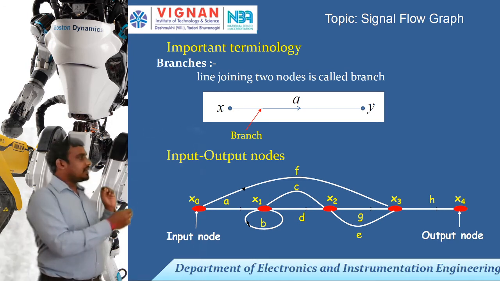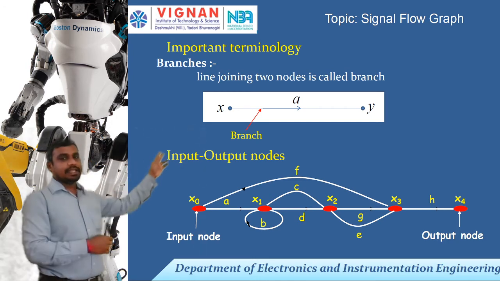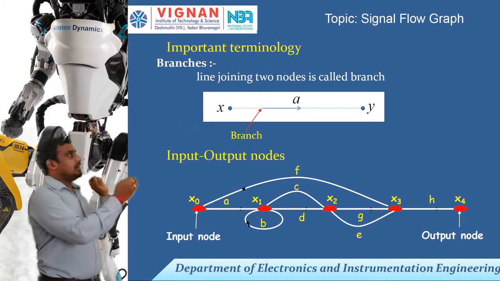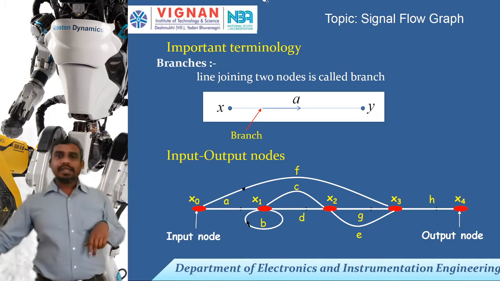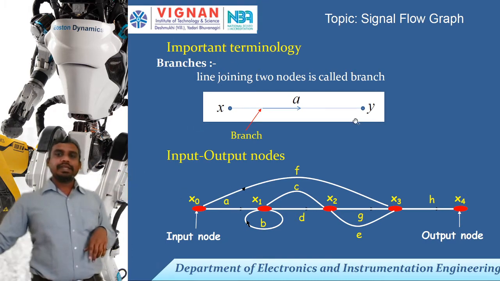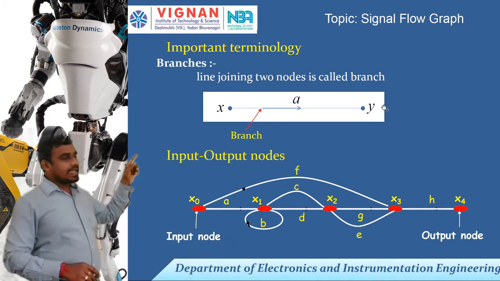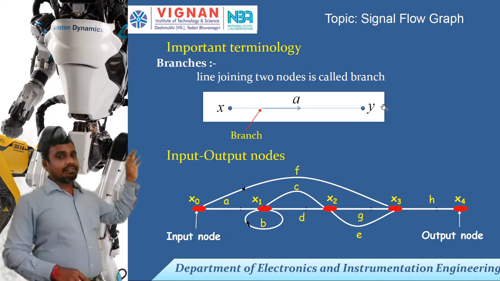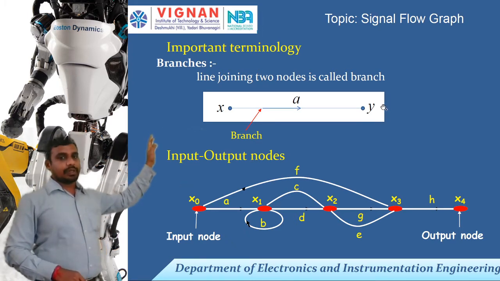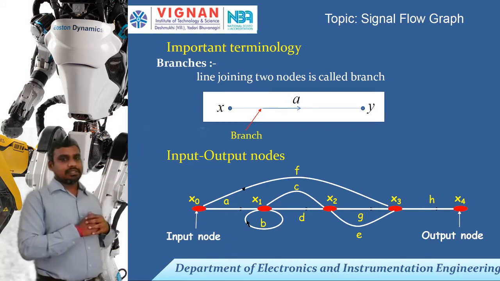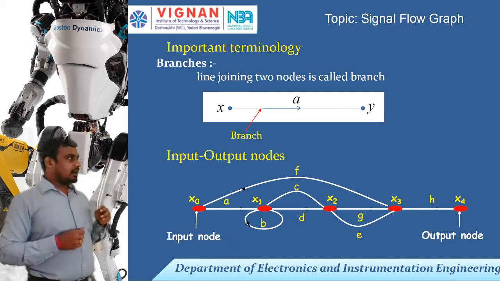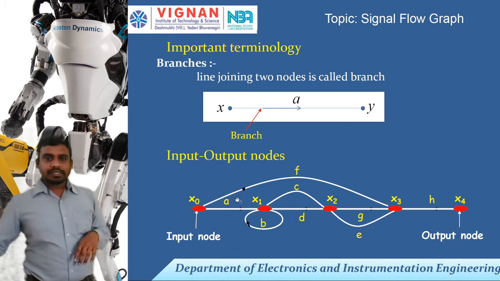Branches are the lines you can see here, which connect two nodes. x and y are the nodes here, and A is a gain which is connecting node x and node y. That is actually a branch.